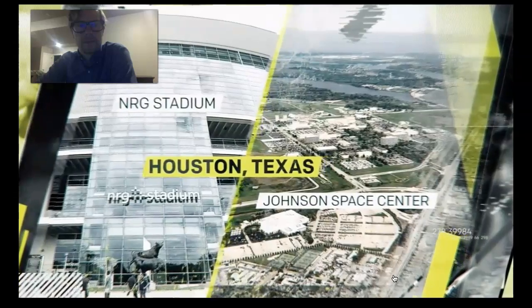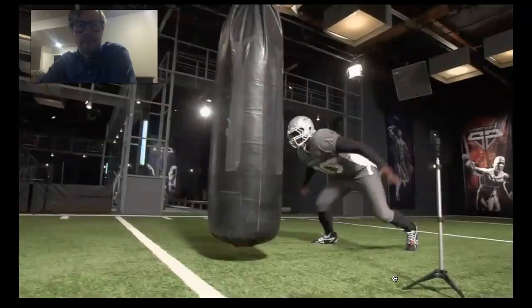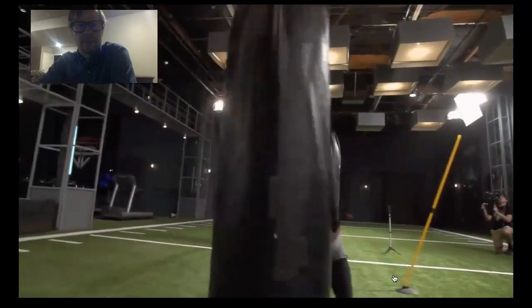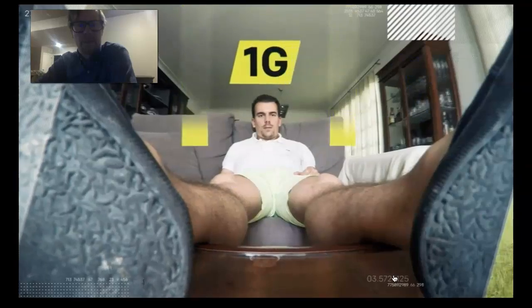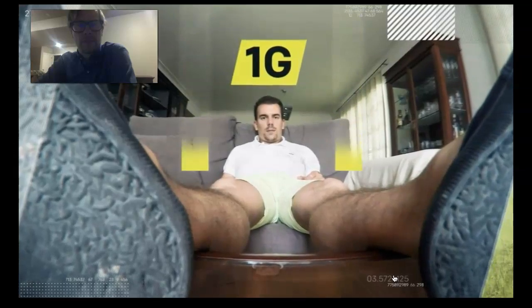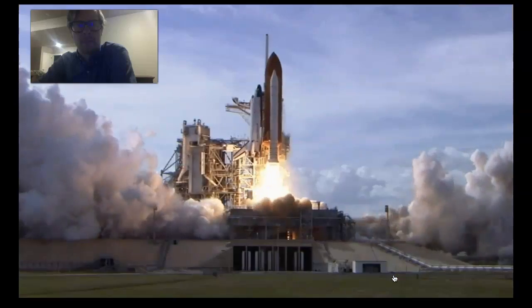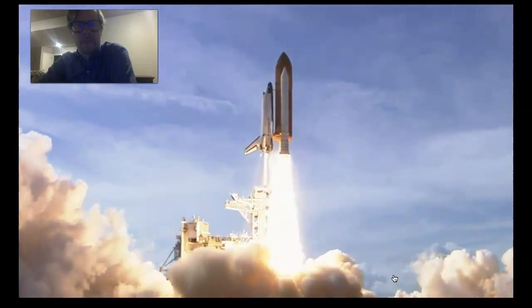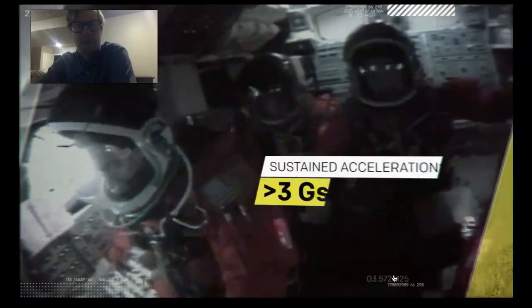As NASA and football share the same city this week, here's a look at some of the same science principles they share as well. G-force is a measurement of the acceleration caused by gravity on Earth. This means, sitting on your couch, you're experiencing exactly 1 G. There's liftoff. Now, as a spacecraft accelerates up to more than 17,000 miles an hour, astronauts can experience a sustained acceleration of more than 3 Gs.